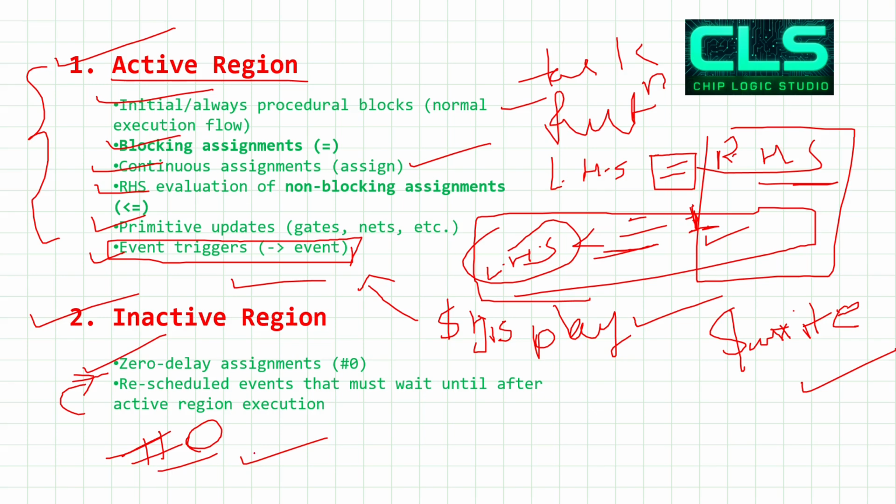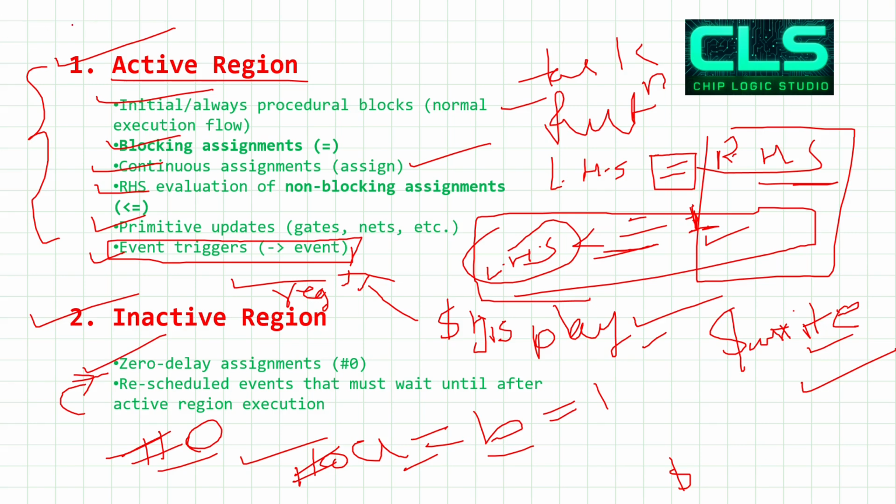For example, if #0 delay is there and some statement is like a = b or a = 1, it is at #0 delay, so the values of a and b will be x by default if they are declared as reg, and $display will give you x, or $write will also give you x. And in the inactive region, if you use $monitor, which is executed in the monitor region, it will give you a proper value.